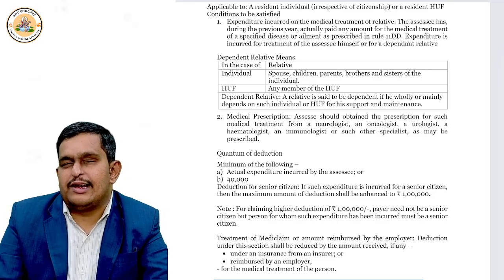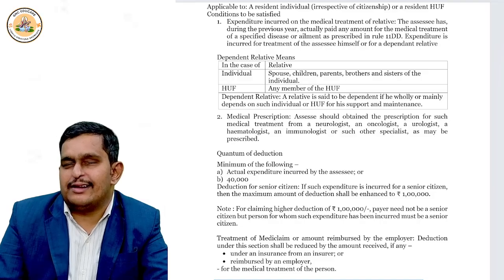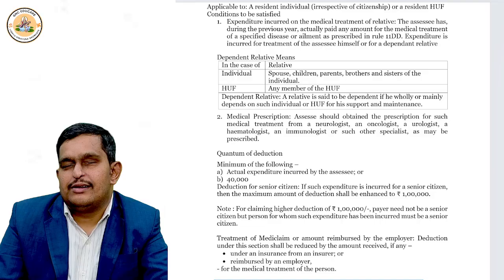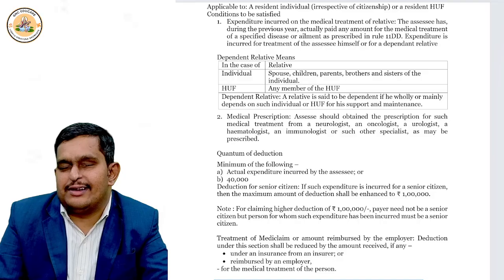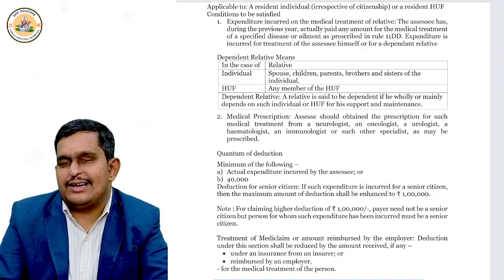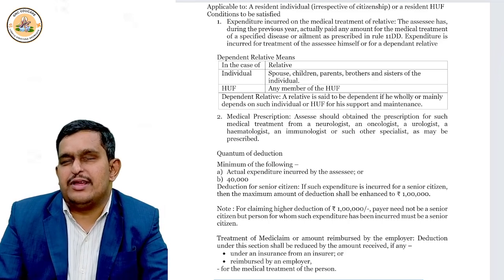Suppose, for example, the treatment is for a senior citizen. You incurred 3 lakh rupees. So your actual amount or rupees 1 lakh, whichever is lower. 3 lakhs actual amount, 1 lakh standard limit for senior citizen, whichever is lower. So you got 1 lakh deduction under 80DDB.